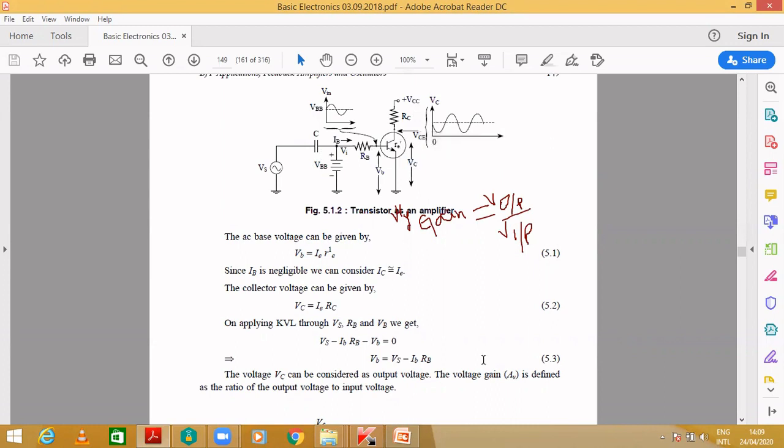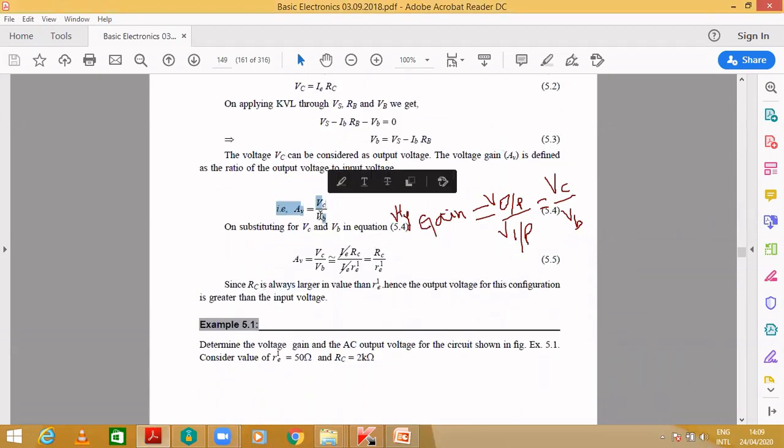So I can write the gain as VC by VB. Suppose if you are taking current, it will be IC by IB. That's what is written here. So you can see this is VC by VB.